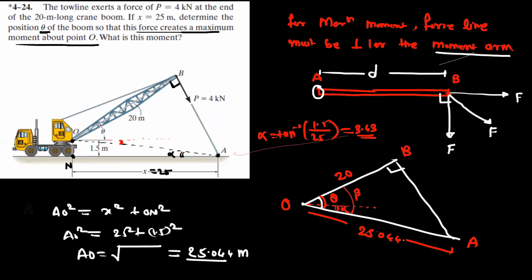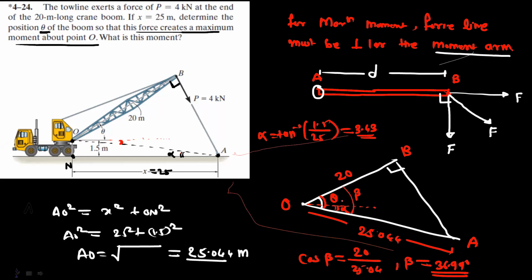This is 25.044. So if you use cos beta, then this is 20 upon 25.044. So beta is equal to cos inverse of 20 divided by 25.04. So it is 36.99. And from beta, subtract the alpha value, so you will get theta.